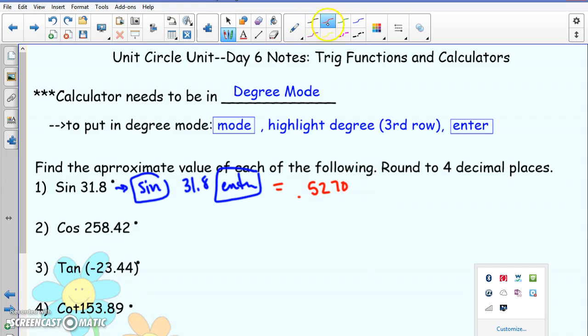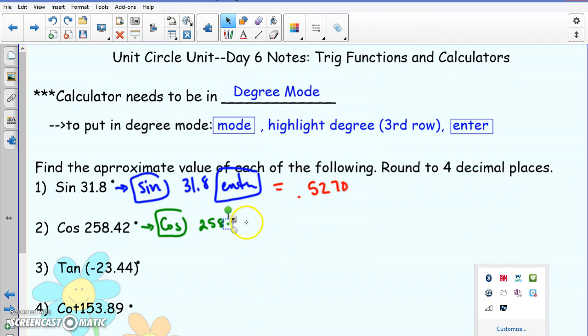Second one, again, since it's one of our 3 basic sine, cosine, tangent, we type in exactly as it's written: cosine, type in 258.42, and hit enter.